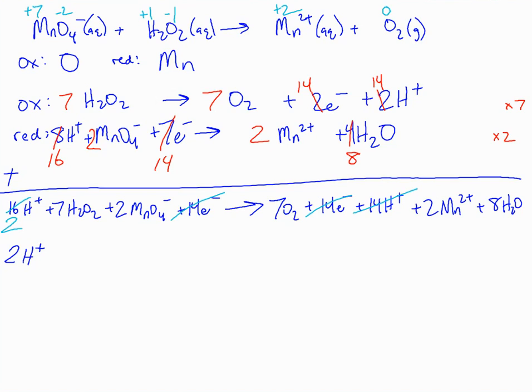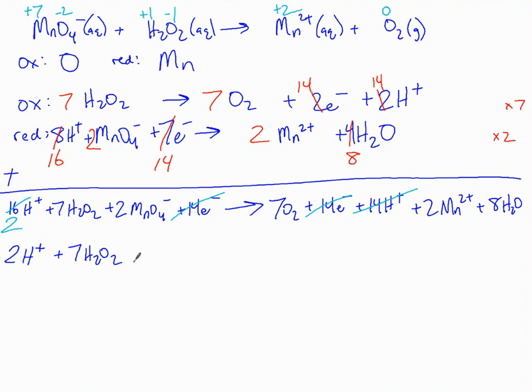If it's something like this, where you can see the charge, it's assumed to be aqueous. So we don't have to write aqueous every time if there's a charge. So for the hydrogen, we can leave it like that. The 7 H2O2s, I don't see a charge.